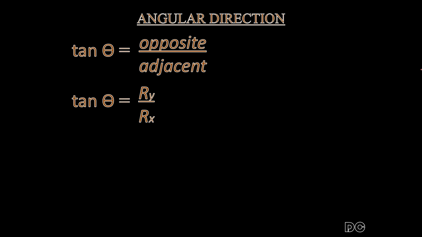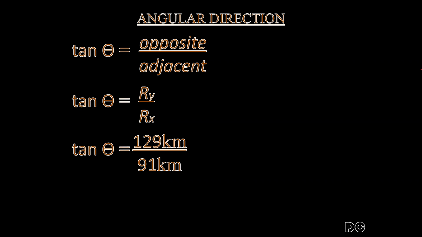Since it is based on the x-axis, therefore the x component is the adjacent side of our angle. So the opposite side is always the r sub y and the adjacent side is always the r sub x. Okay. So next is to substitute.